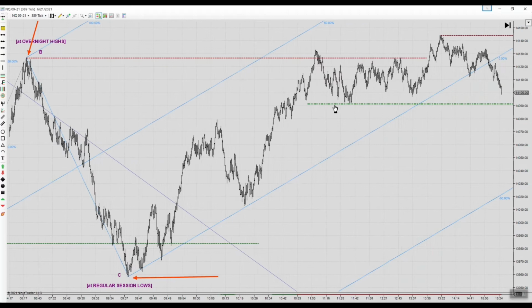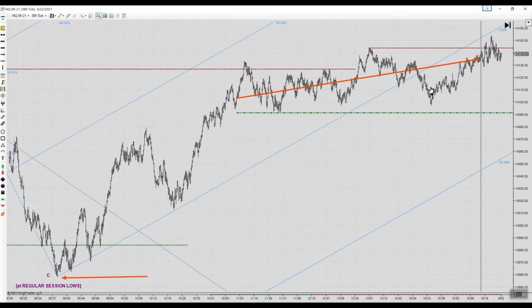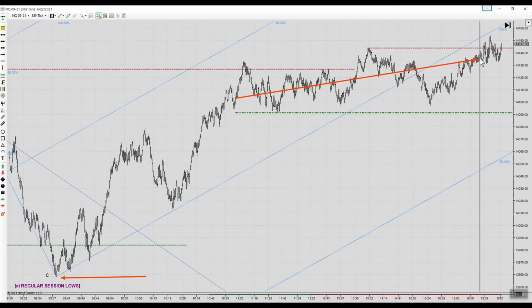For the remainder of the session, notice that the volatility is much more subdued, and overall going into the close of the session, which is fairly bullish, we close just above the overnight highs, almost on the highs of the day. With the subdued volatility, notice the difference in slope here between the early morning action and then right here, most of the buying happening above 14,100.